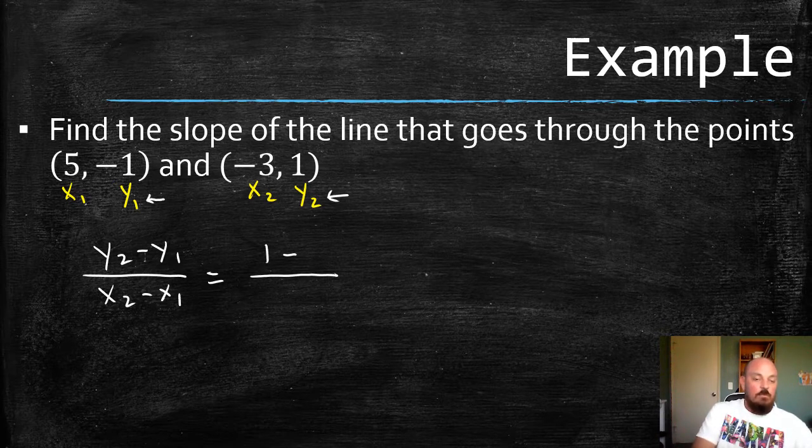And I say, what number was y1? It was negative 1. So I have 1 minus, I'm going to put it in parentheses, 1 minus negative 1. And on the bottom, I have x2, which is right here, negative 3. And then it's minus x1, which is 5.